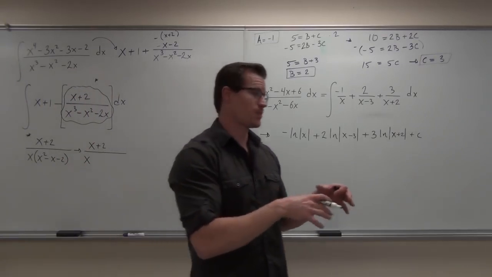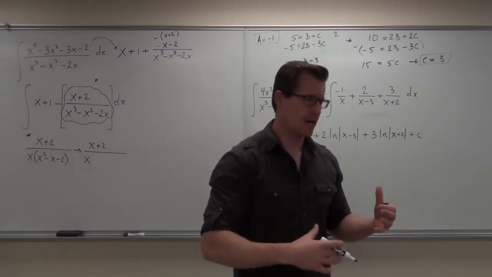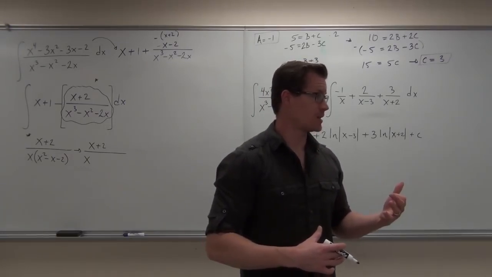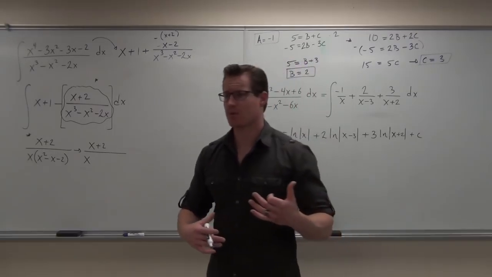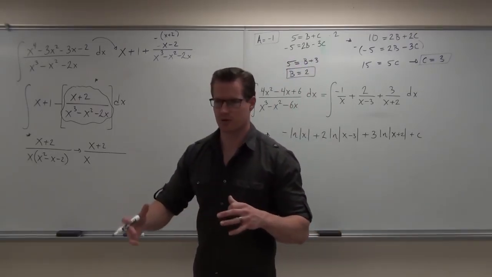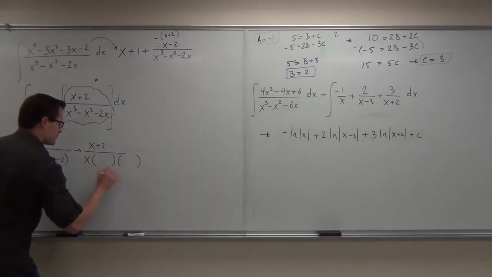If you have a quadratic, you have to prove that it's irreducible, that you can't factor it. That would be done by computing the discriminant and finding out that it's negative. If the discriminant is negative, that means you have a complex root and therefore it can't be factored. So you prove that, or you at least go through it in your head. Now this can be factored. What is it? (x minus 2)(x plus 1).